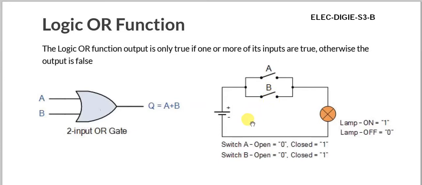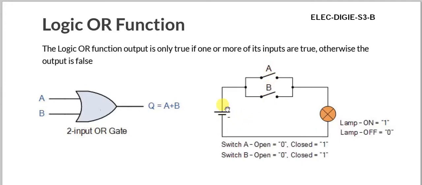Now suppose this is a battery. We will consider the state of the output Q, which is the outcome of the two inputs. Start with A is 0, B is 0, meaning both are in the off state.